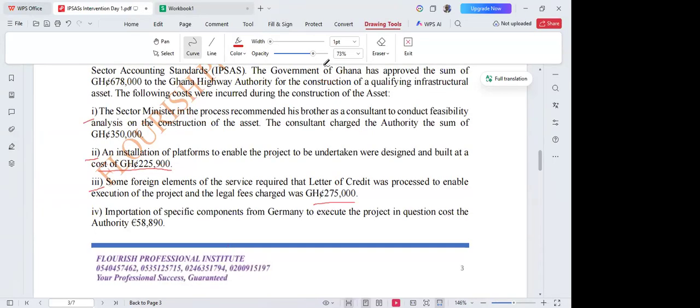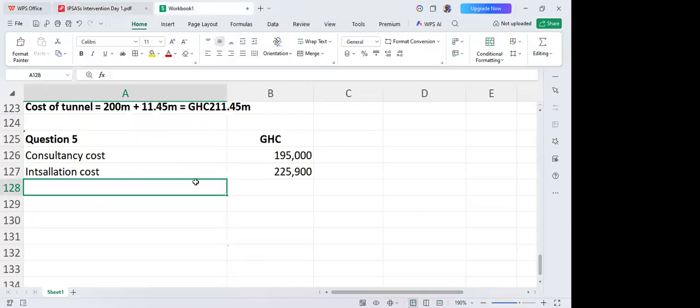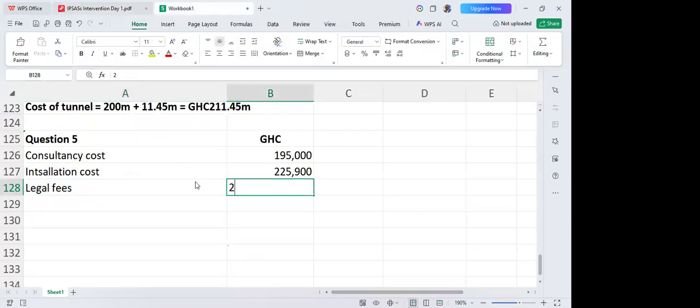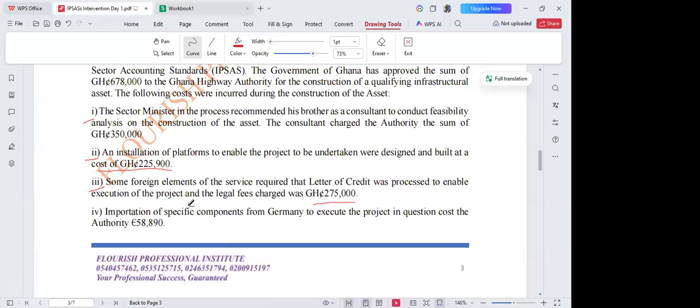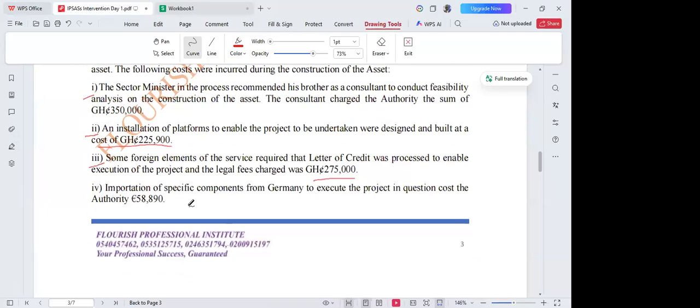Yes, we will consider that too as part of the cost. Why? Because it's legal fees. It's also a directly attributable cost to the initial direct cost. Okay, legal fees, that's 275,000. We move to the next one.